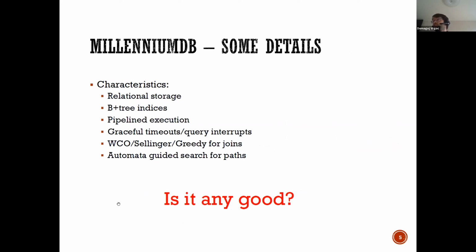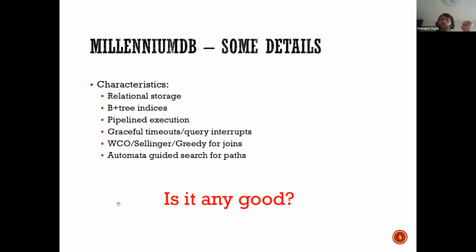So it uses traditional relational on-disk storage. It's B+ trees, different permutations of all the relations to do path navigation and to do worst-case optimal algorithms. Buffered execution, so you can load Wikidata with 1 terabyte of data on a machine with 4 gigabytes. In principle, this will work if you wait long enough.